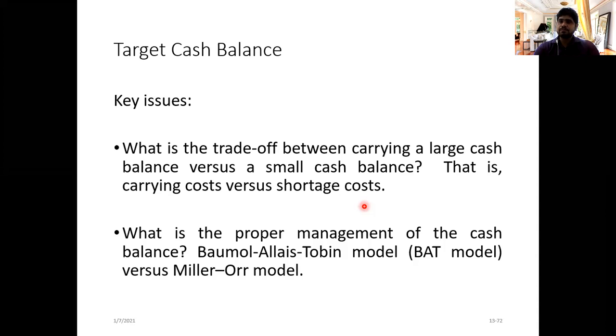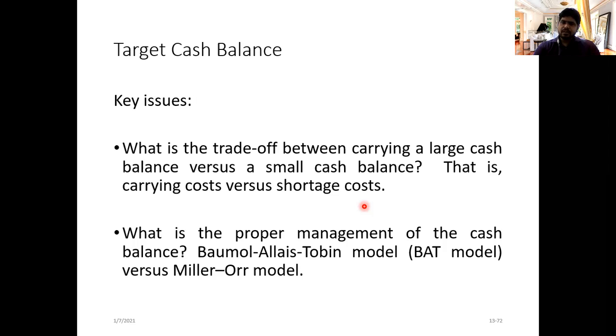So if you keep more money in your hand, you will lose the interest income from that investment. You can use that additional money for other businesses. So if you keep more money, you will lose your investment income, isn't it?